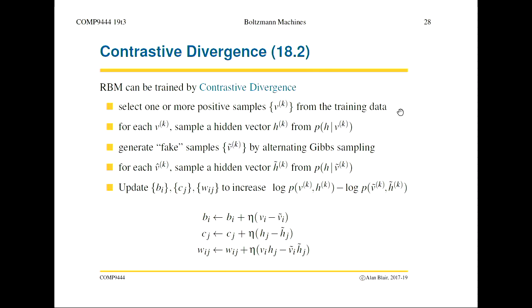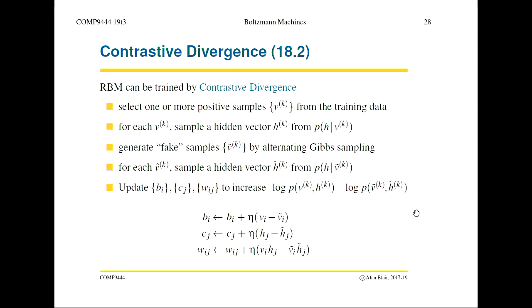If you go through the math, this reduces to some fairly simple linear equations. We want to increase the probability of the real image and its corresponding hidden units, and decrease the probability of the fake image and its corresponding hidden units.